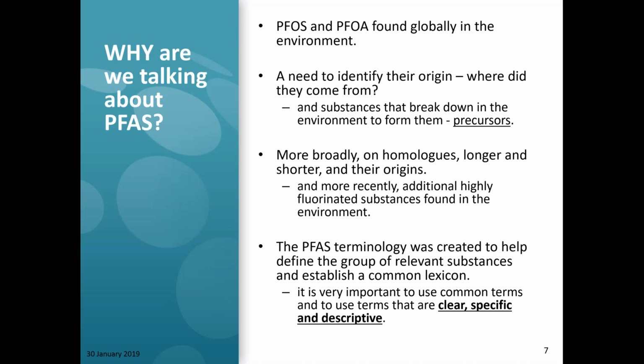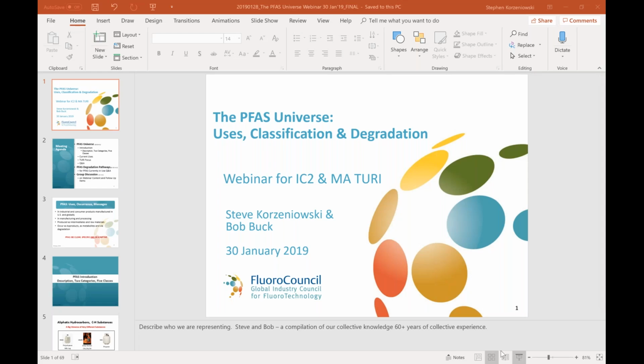Much like was shown in the slide, where you have polytetrafluoroethylene, a solid plastic on one side versus a liquid or a gas, you can imagine that the properties are very different. So we need to be really, really careful when we're using the term PFAS. It's a very broad term and really should only be used when we're talking about all the substances in this group. And what that means is pretty infrequently.